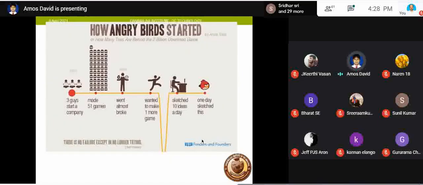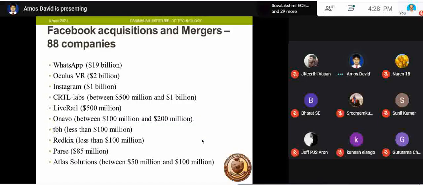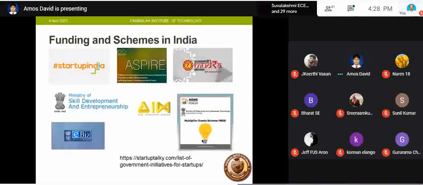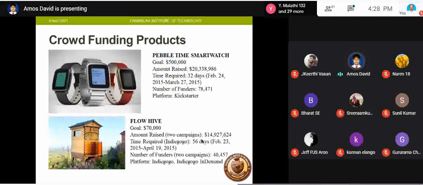As we are running short of time and we have a demo, I'll just quickly go through it. It started as a crowdfunding project. Can you see the screen? Crowdfunding products, we just have the Pebble Time smartwatch. This was done on Kickstarter.com, the platform Kickstarter, and look at the amount that person has raised.